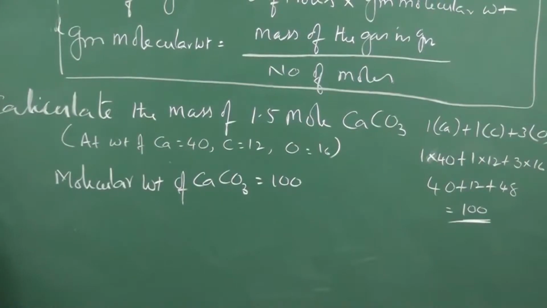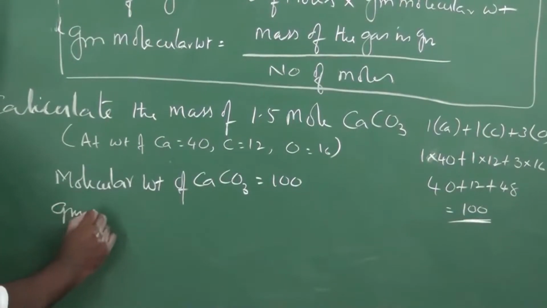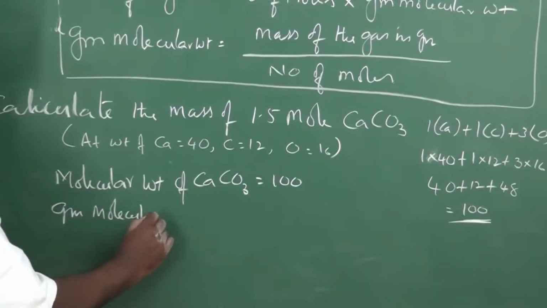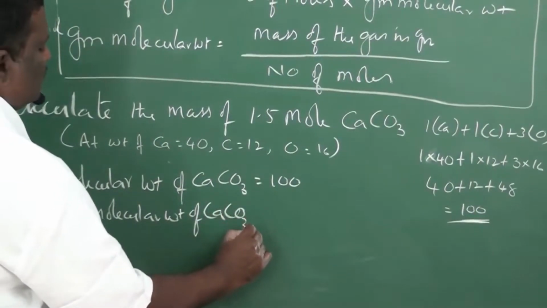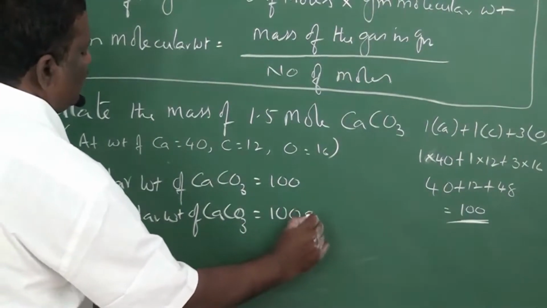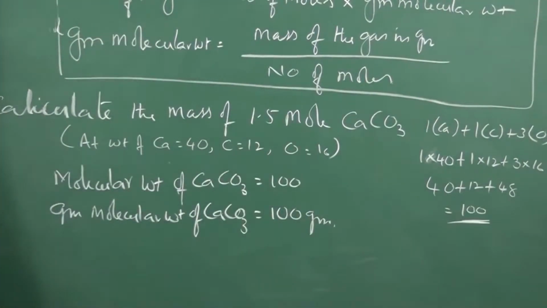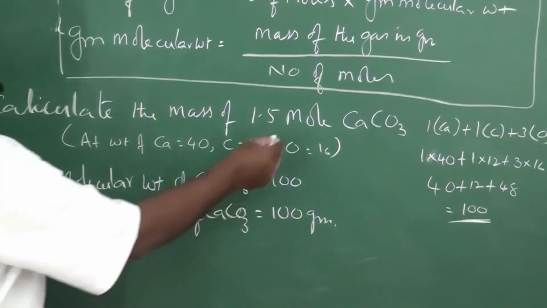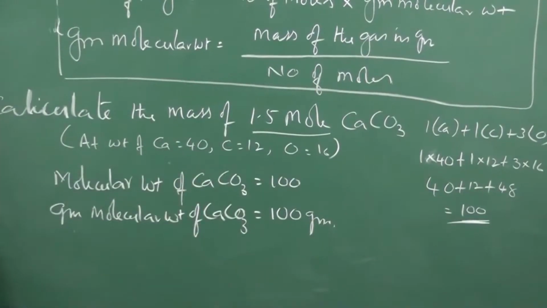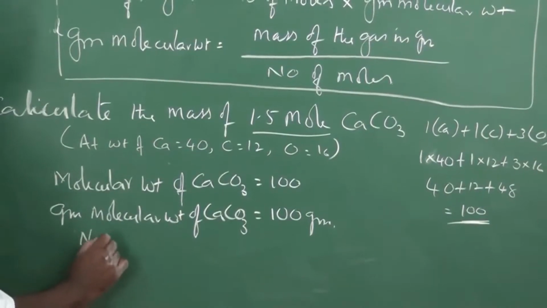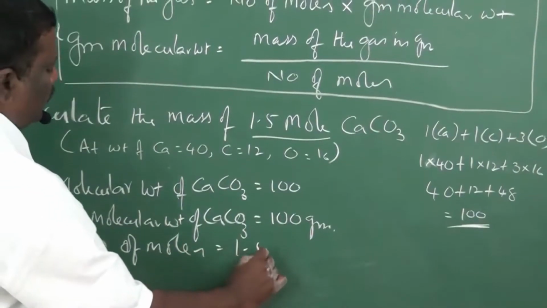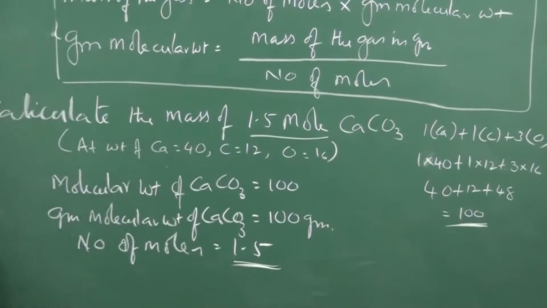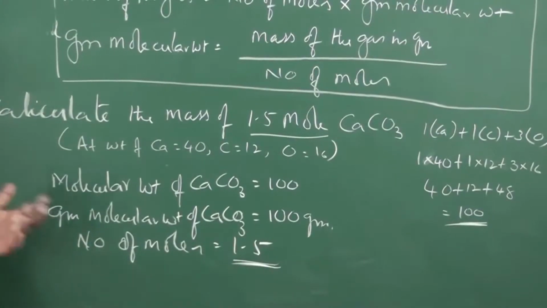Then it is very easy to find the gram molecular weight. Gram molecular weight of CaCO3 is equal to 100 grams. Number of moles is 1.5.